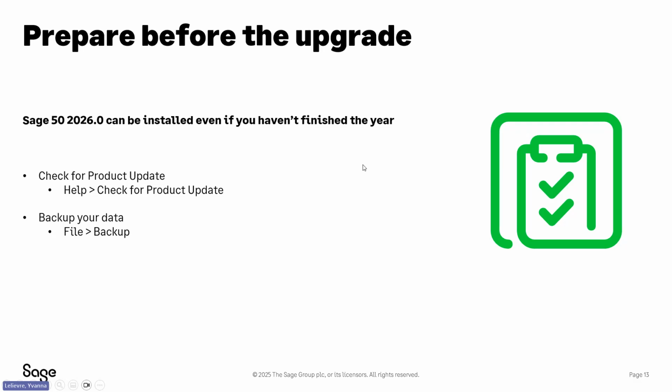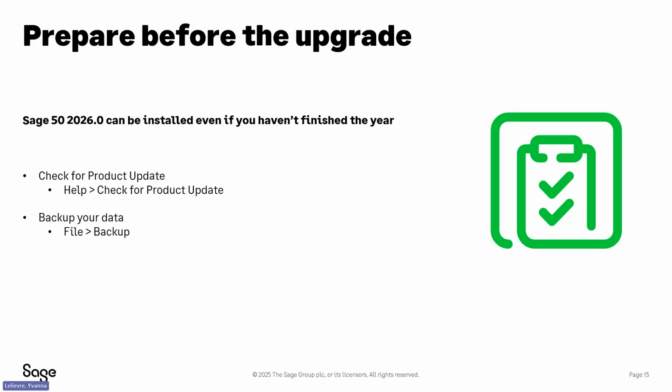So, what you need to do before doing the upgrade to Sage 50 2026.0. First off, you can already install it. If you're working on 2025.2, you can already install 2026.0. It will not start the new year for you.